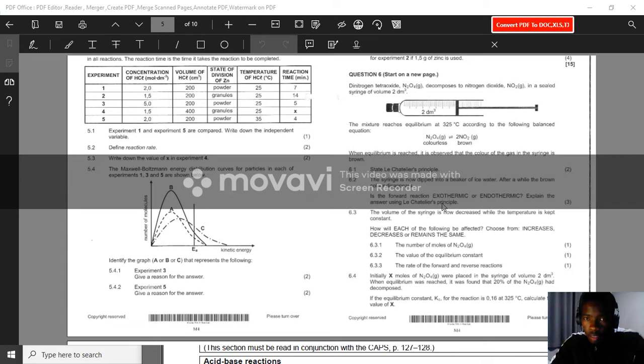The question is saying to us, dinitrogen tetraoxide, which is this, decomposes to nitrogen dioxide, which is that, in a sealed syringe of volume 2 decimeter cube. So this is the syringe that we are talking about here.